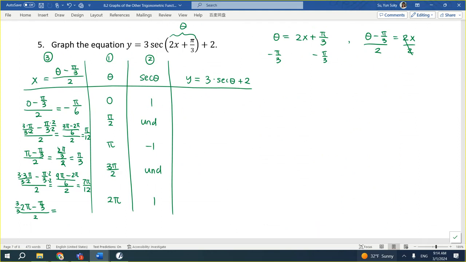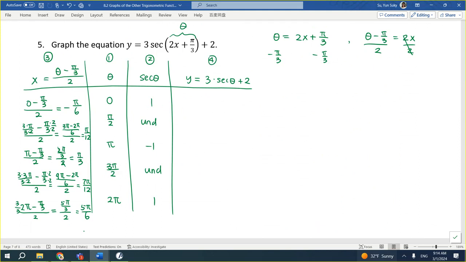And 3 times 2 is 6. 6 pi minus pi is 5 pi over 3. And then over 2, right? Yeah, 5 pi over 6. I would say the most difficult part of this table is the x column. Do you agree, everybody? Okay, so after you figure out the x column, you can find the y column.